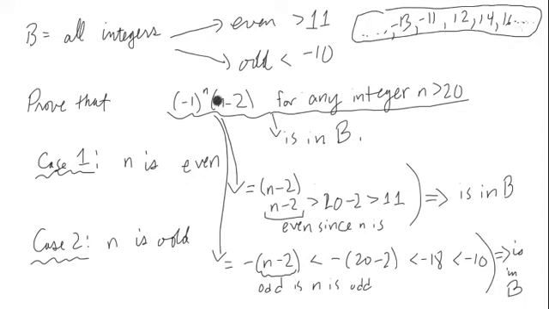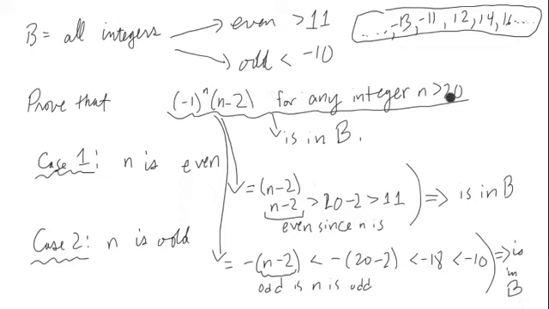So what we're going to do is try to look at this right here and match it to these characterizations to show that anything of this type is actually in this set B. Now, notice that what changes as we look at this for any integer n greater than 20 is that we're looking at positives or negatives. And so it makes sense to think of cases when n is even or odd, because that'll affect whether this is negative or positive here. It may affect things up here as well.